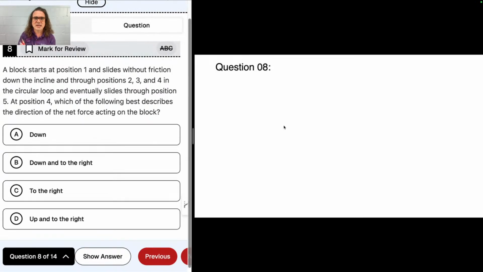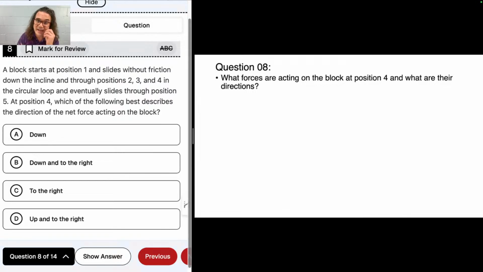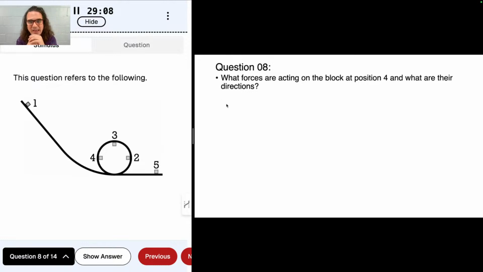Question 8. What forces are acting on the block at position 4 and what are their directions? So we have two forces.